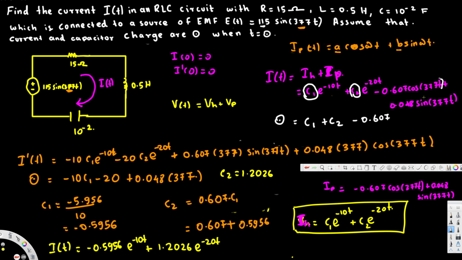Then after that, other things are just going to remain the same. So that's going to be negative 0.607 cos 377t plus 0.048 sine 377t ampere, and that's going to be the current through this circuit.